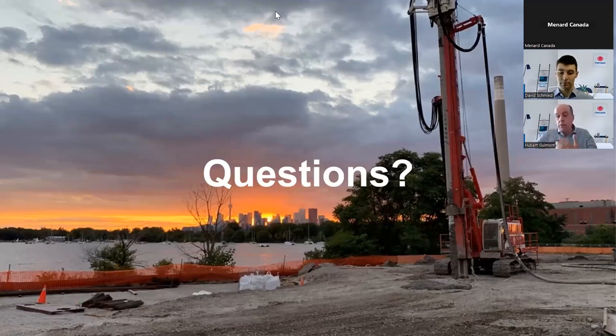But it's a bit more expensive than the other techniques because we have to bring a batching plant. When we need a batching plant and we need to use cement, of course, that brings a higher cost. It's also a bit more mobilization cost because we have to assemble all of those elements: the batching plant, the rig, and the support equipment.